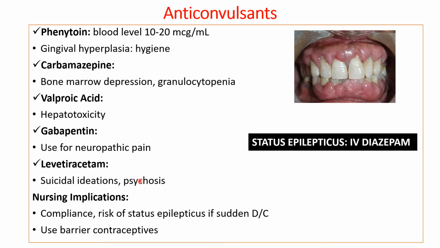So there is a black box warning on the medication that warns parents and doctors and nurses about this possibility. There are many other anti-seizure medications, but all those are the most important.